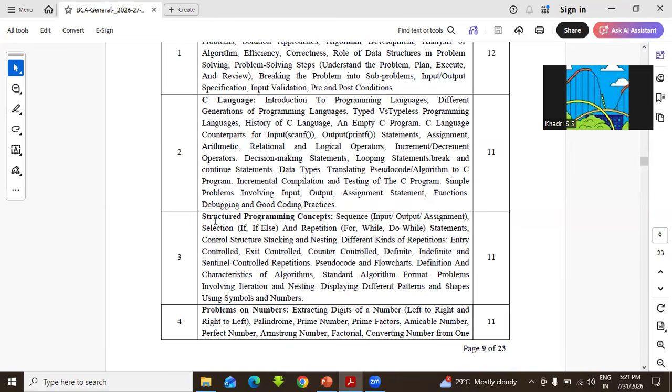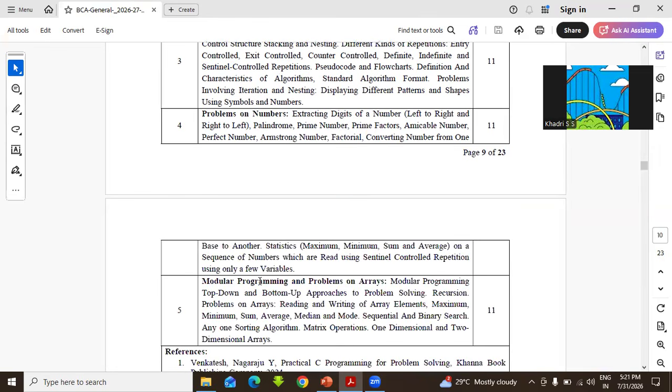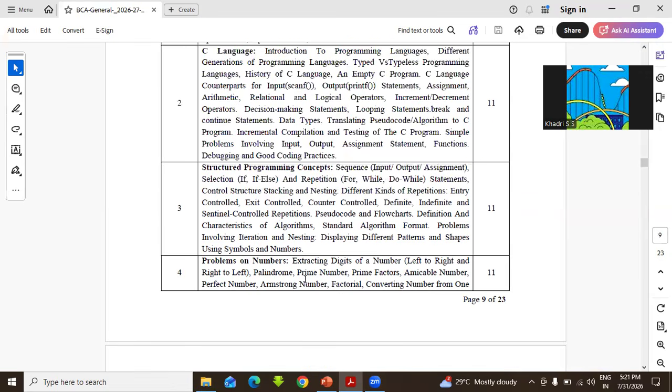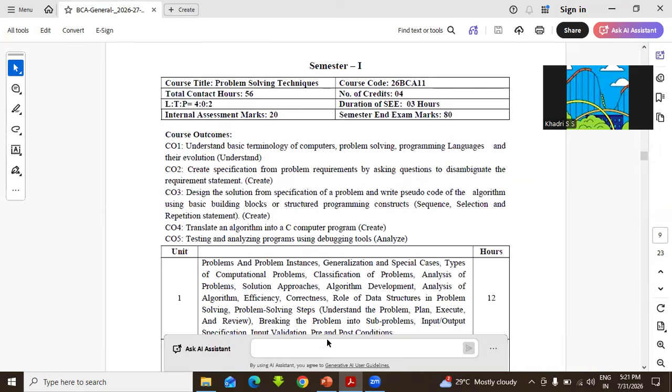And the third, we need to learn structured programming concepts in terms of C programs, problems on numbers, modular programming and problems on arrays. These are the topics we need to learn in problem solving techniques. Okay. Without wasting time, let us begin with lecture series 1.